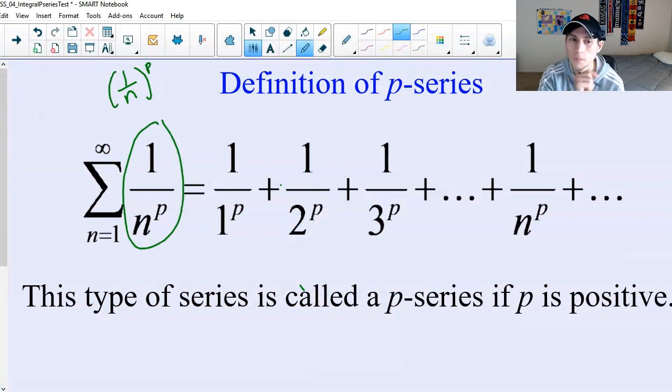So we could write it the way that it's typed or the way that I just wrote it above. Both of those would be considered p-series. All right, and this is considered a p-series as long as that p is a positive value. So it always has to be 1 over n to the power of something, some positive number.